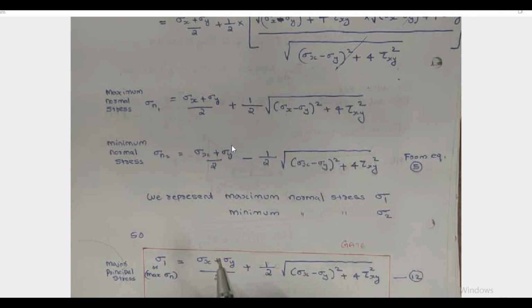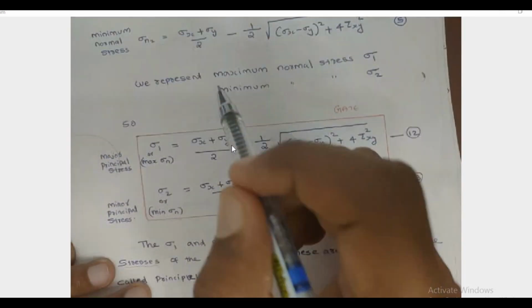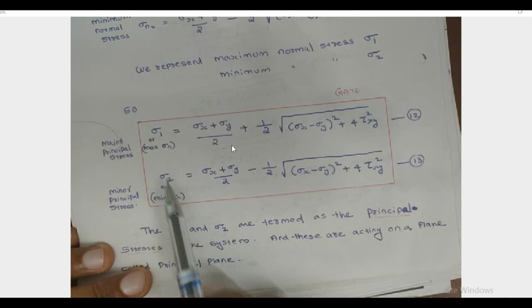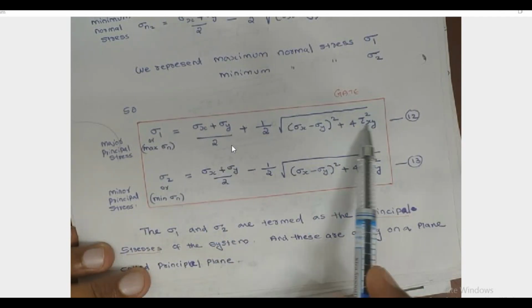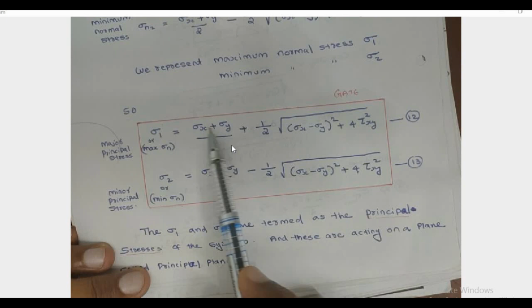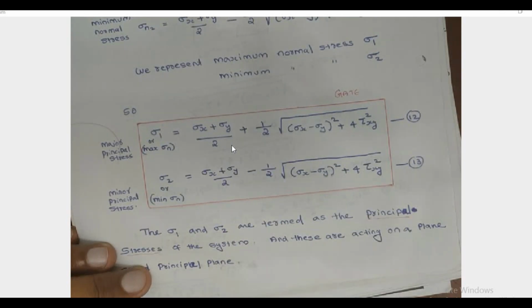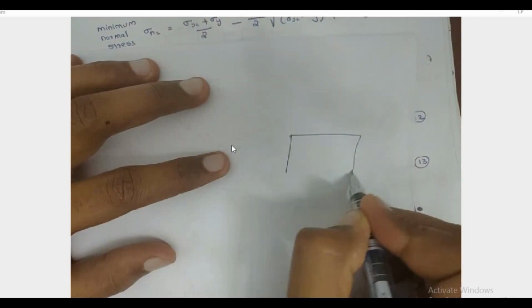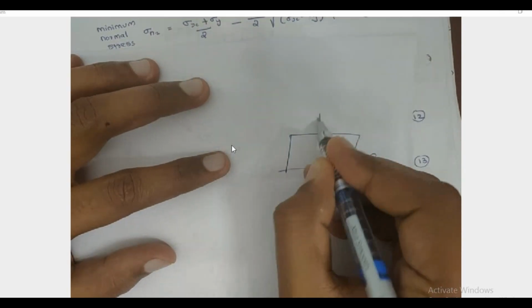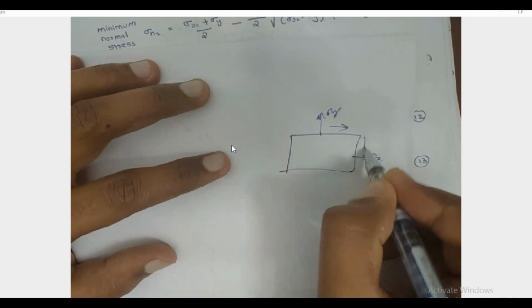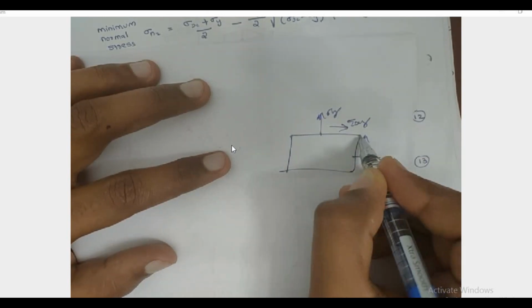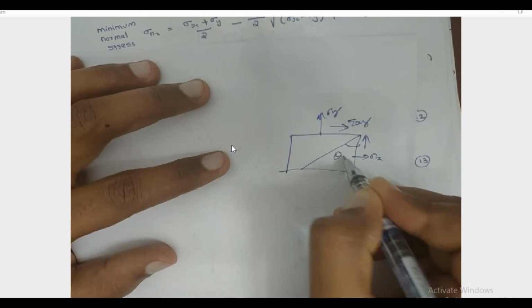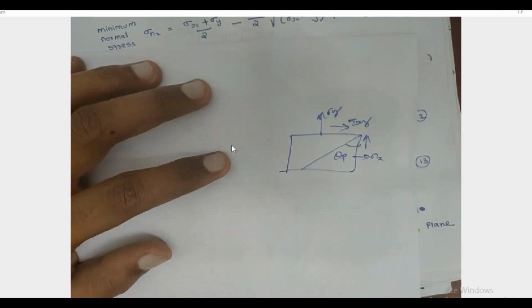So next, these are the two principal stress values, sigma 1 and sigma 2. Here we have only the stress component terms, sigma x, sigma y and tau xy. So this is called principal stress. So this is the formula for calculating. If we know sigma x, sigma y, tau xy, then we can calculate the position of the principal plane by knowing this angle theta p.